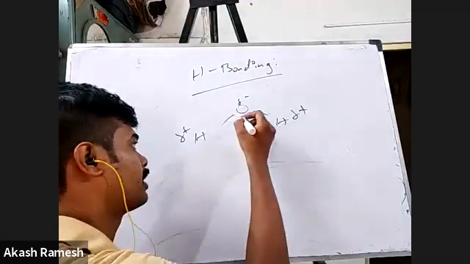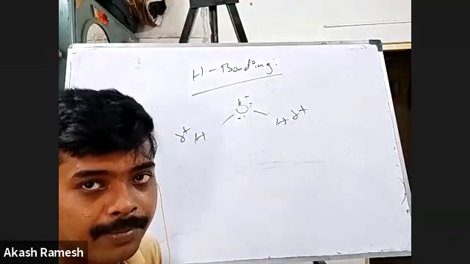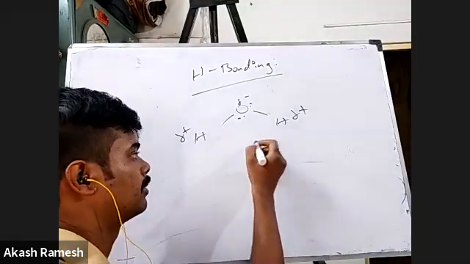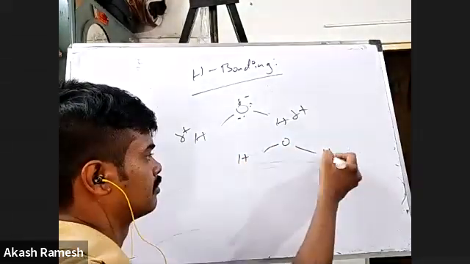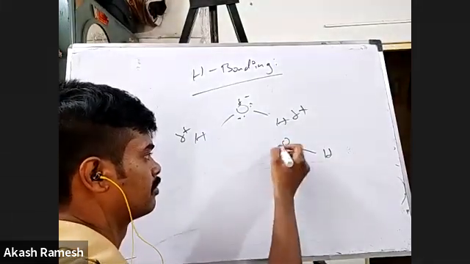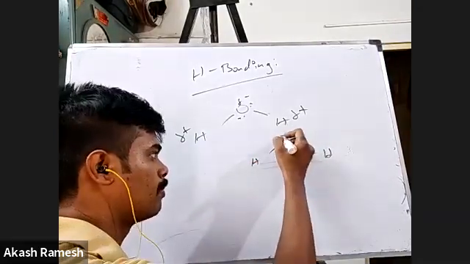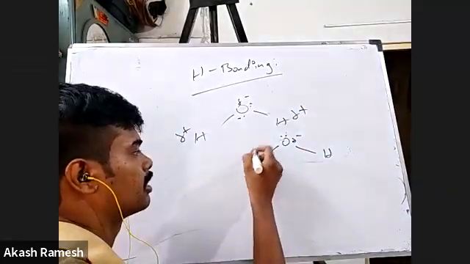I obviously know that oxygen has a lone pair. Two lone pairs are there. Right? Okay. So one more. So this is my, let me put it as a lone pair and say del negative also. Here it's del positive.